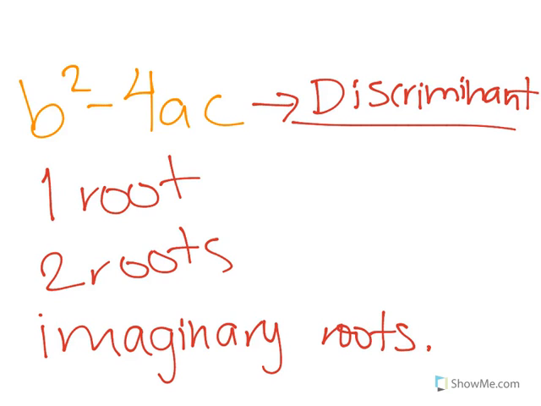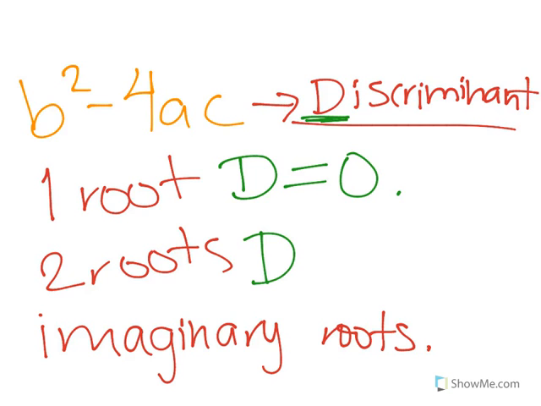So if b squared minus 4ac, which here I will just substitute with d for discriminant, if d is equal to 0, then you will have only one root. If d is greater than 0, you will have two roots, and if d is less than 0, you will have imaginary roots.